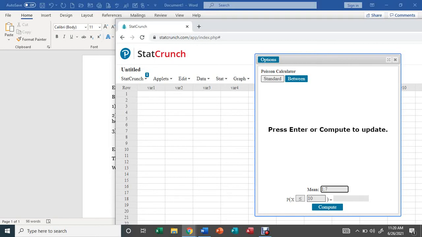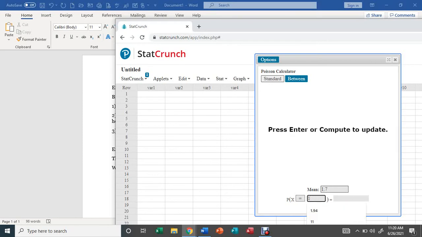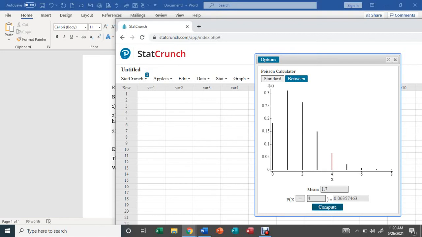And exactly 4 births in a given hour, so exactly is the same as the equal sign, and put 4 here and compute. So here you go, the probability of observing 4 births in a given hour is 0.06357 and so forth.